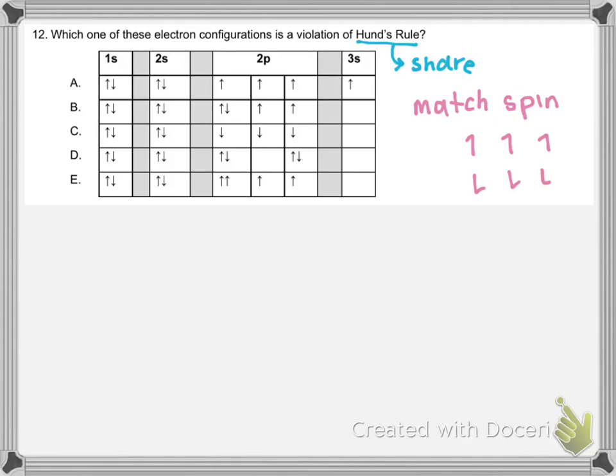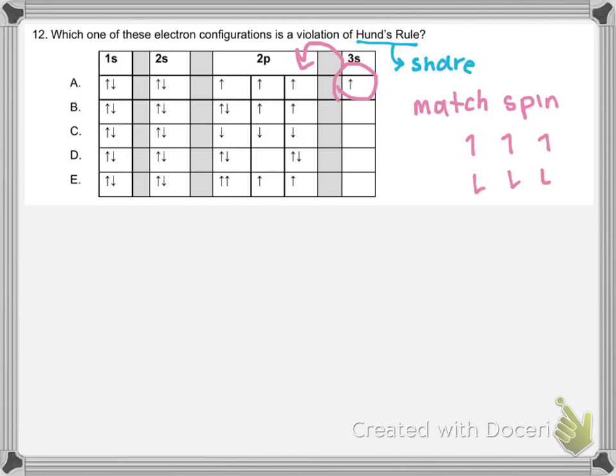So, in answer choice A, this is an excited state because of the 3s electron. Right, we can see that an electron that would normally be in the 2p was excited up to the 3s. And that's in violation more of Aufbau's principle.